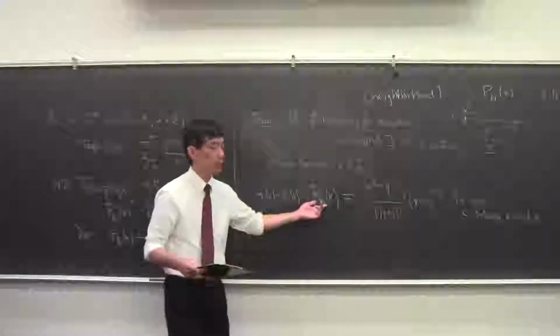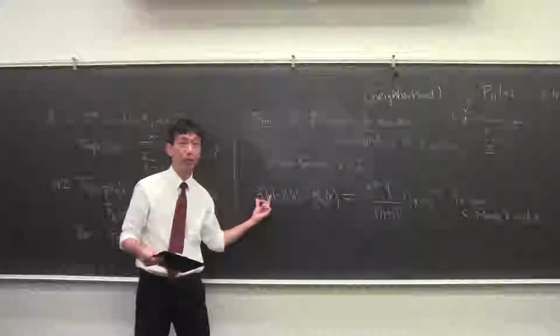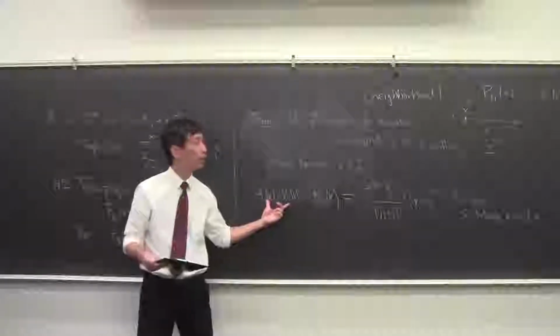So this thing, the remainder, we mean the difference between the function and the approximation.